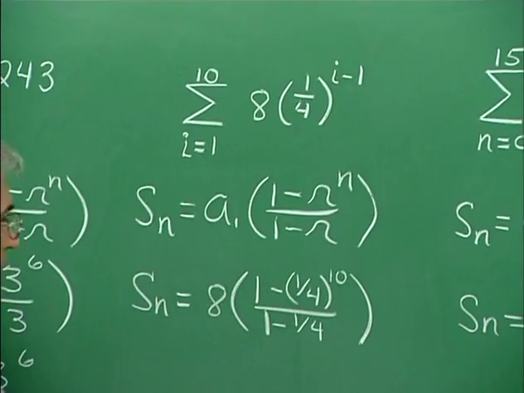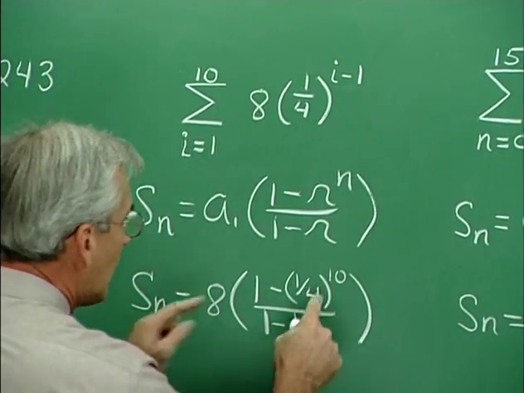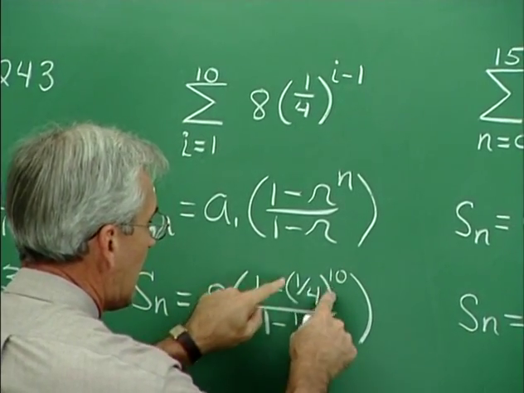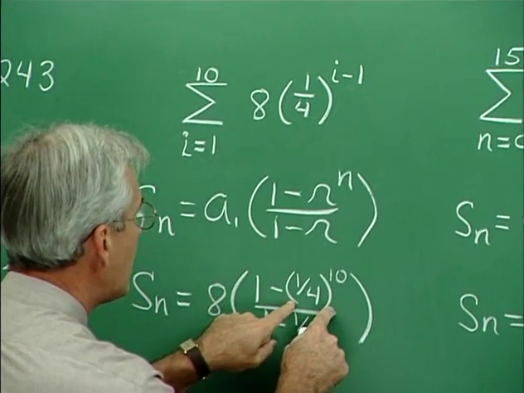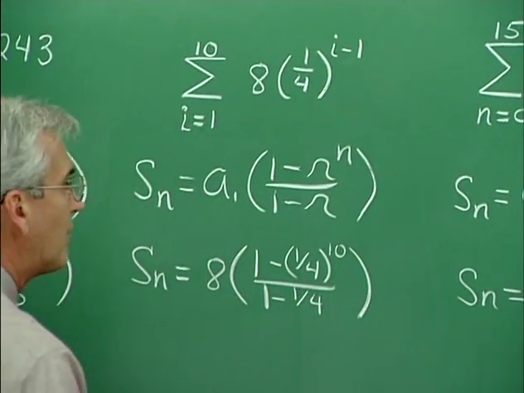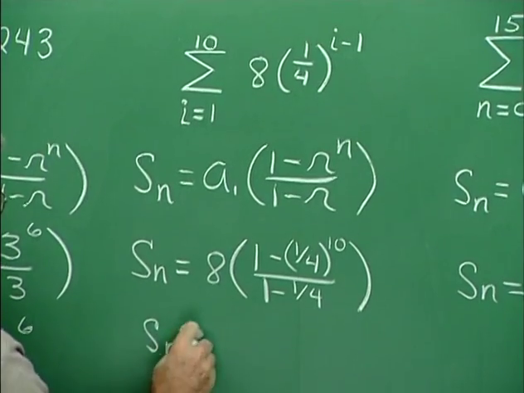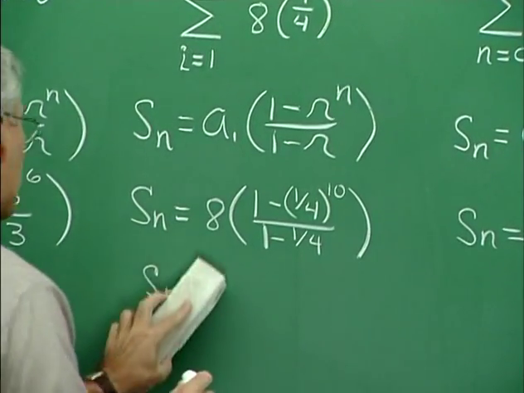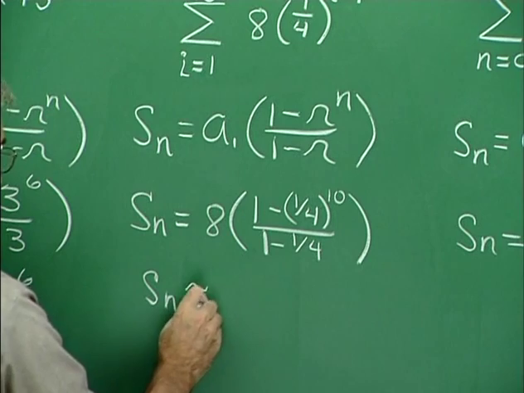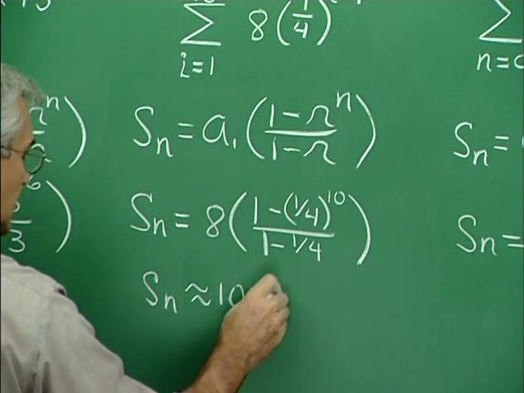So a lot of parentheses need to be in here. And to avoid the parentheses that might be thought necessary right here, you might use 0.25 for 1/4. At any rate, when we find this sum, it turns out to be approximately 10.67.